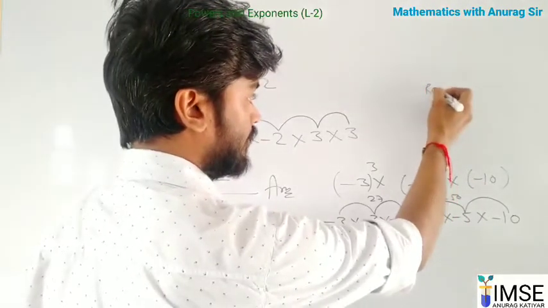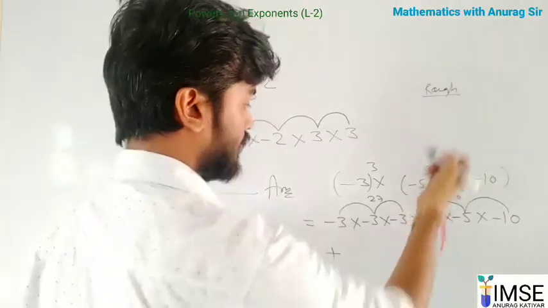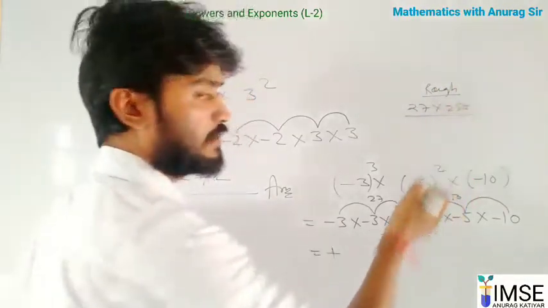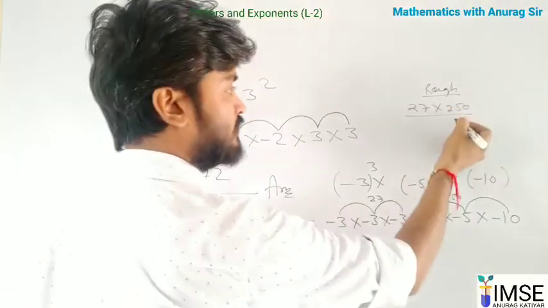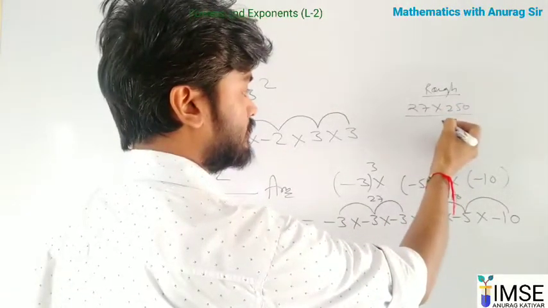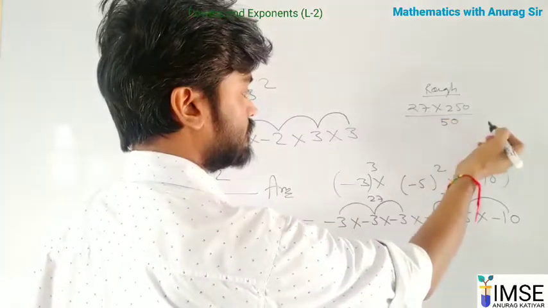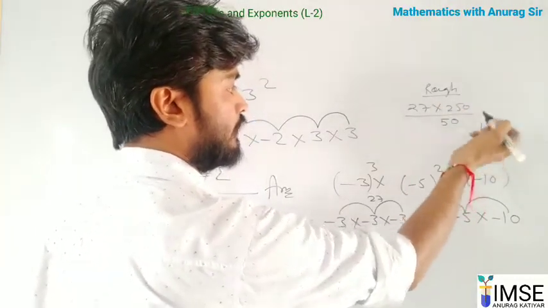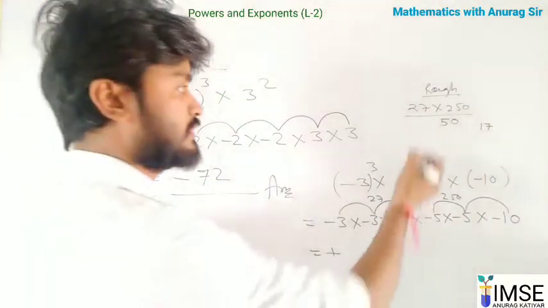This is rough work. You write here 27 into 250, just multiply it. We apply 0 here, 25 sevens are 175, that means 5 and 17 carry, 25 twos are 50, 50 and 17 is 67.